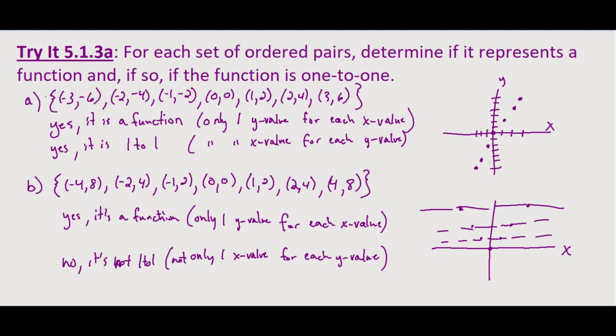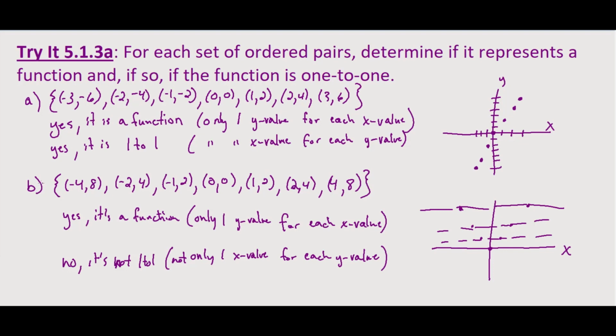In this case, with our first set of points, we can see it basically forms a line. The sketch is a little off because I didn't use graph paper, but we can see that it passes the vertical line test: for each x value, there's only one y value. And it is one-to-one as well because it passes the horizontal line test: there's only one x value for each y value.